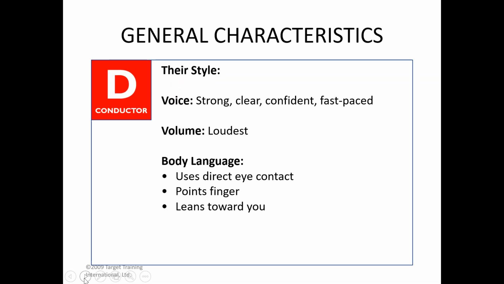So you learn the fundamentals and you learn the characteristics of what makes a high D. Now what we're going to be looking at is, from an observable standpoint, what can we expect? So a high D, who can be considered a conductor, their style is that you're going to see that their voice is strong, clear, confident, and fast-paced.